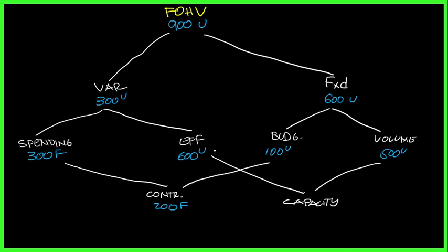Okay, which is 600 unfavorable plus 500 unfavorable. That's 1,100 unfavorable. Now, if you add this, dapat ang total niya pa rin will be equal to your factory overhead variance, which is in this case 900 na unfavorable.